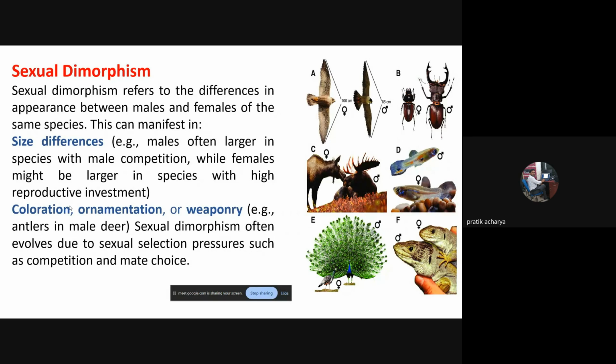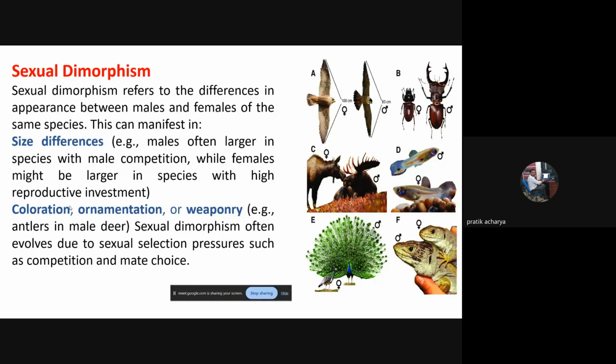In some species, we can find smaller males. But there is a dimorphic nature. Coloration, ornamentation, weaponry, everything. That means certain characteristics in male and female distinguish male from female. That is the dimorphism.